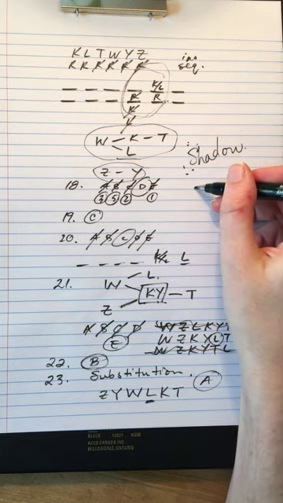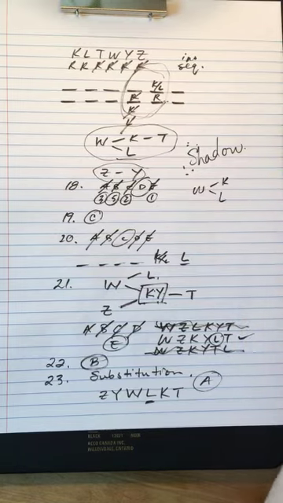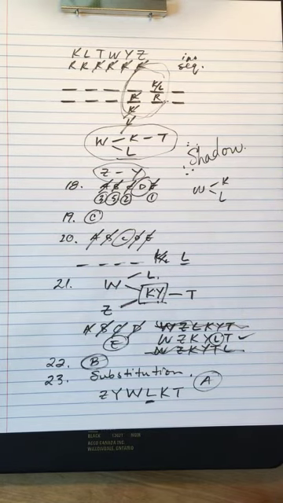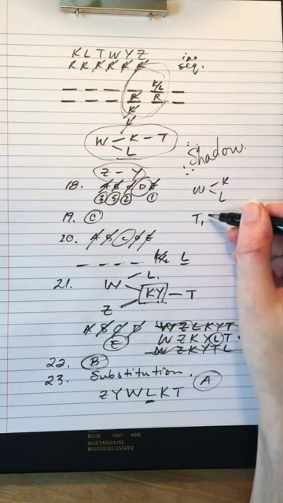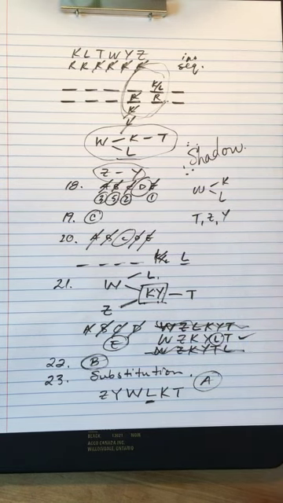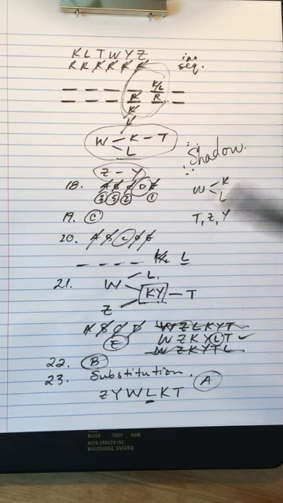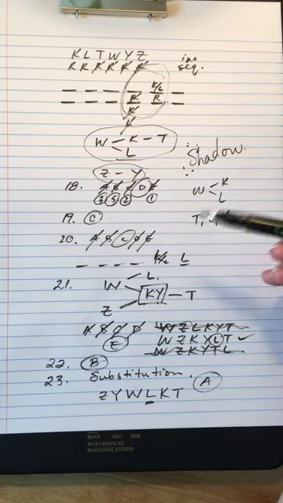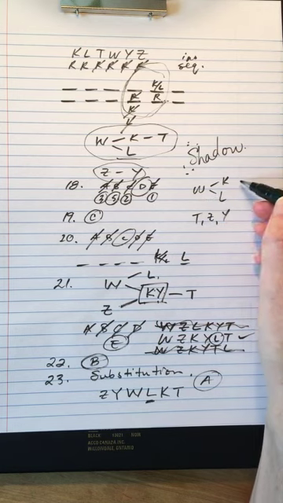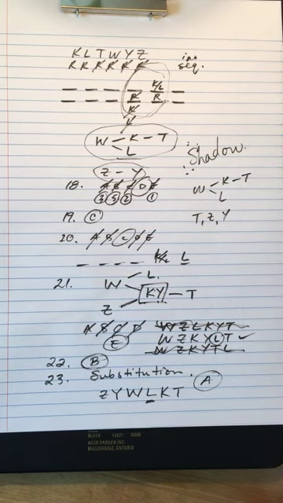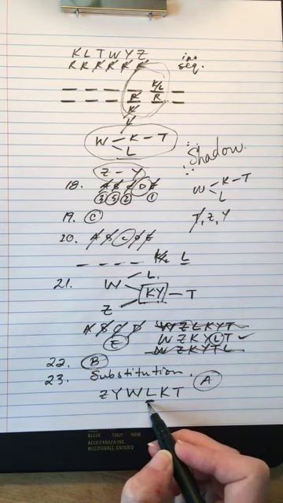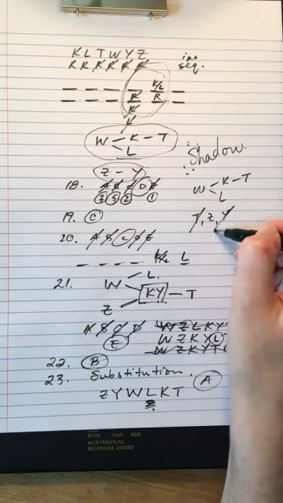So the rule that W has to be before K and L, the shadow rule for that is that the only ones that could be before W are T, Z, and Y. But then there are extra restrictions based on the other rules in the game. So T actually can't be before W because it has to be after K. And Y actually can't be before W because if it is, it's going to lead to something impossible.